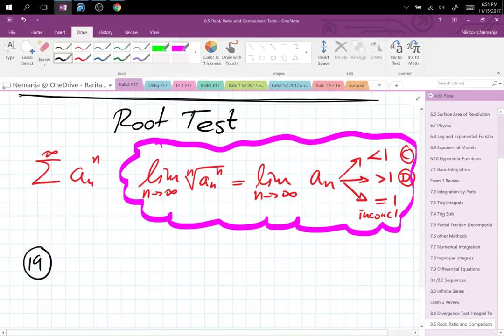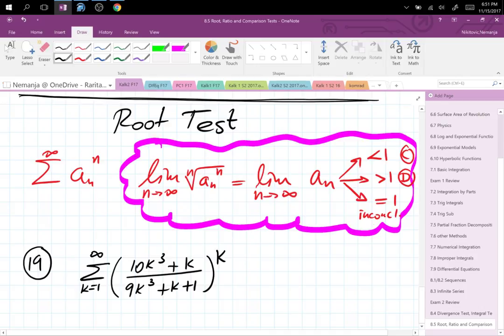Let's start with 19 because it's so busy and so easy. K goes from 1 to infinity, and we have 10k cubed plus k divided by 9k cubed plus k plus 1, everything raised to the kth power.